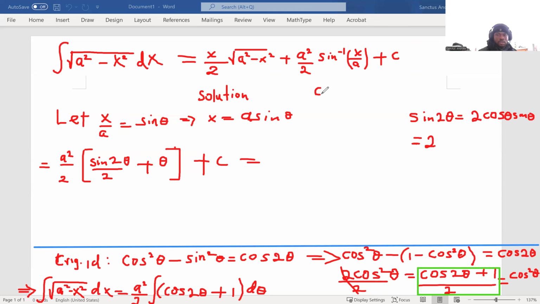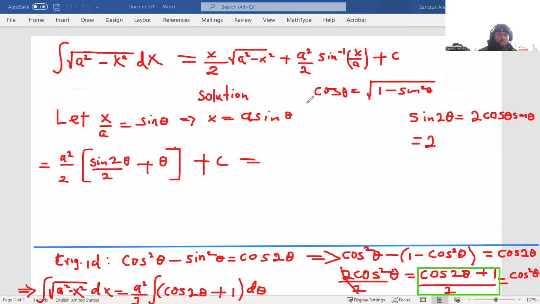Cos theta is the square root of 1 minus sine square theta. Okay. I hope we are following.